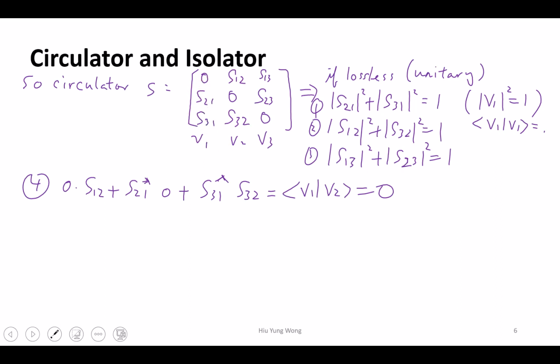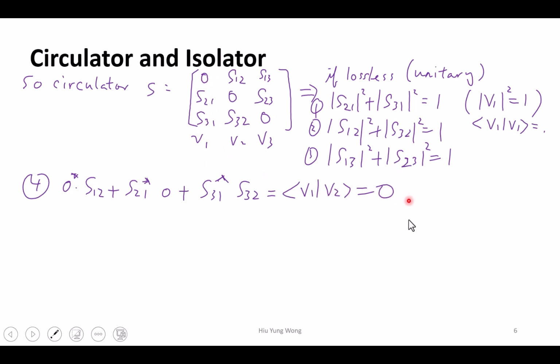I'm just talking about these three components. I call them V1 and V2. I do inner product. 0 star, I can even call this 0 star, the complex conjugate of 0, times S12 plus S21 complex conjugate times 0 plus S31 complex conjugate times S32. This is just the inner product of V1 and V2.